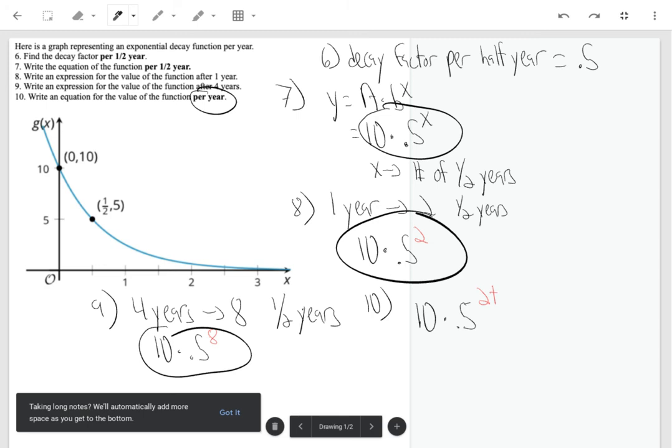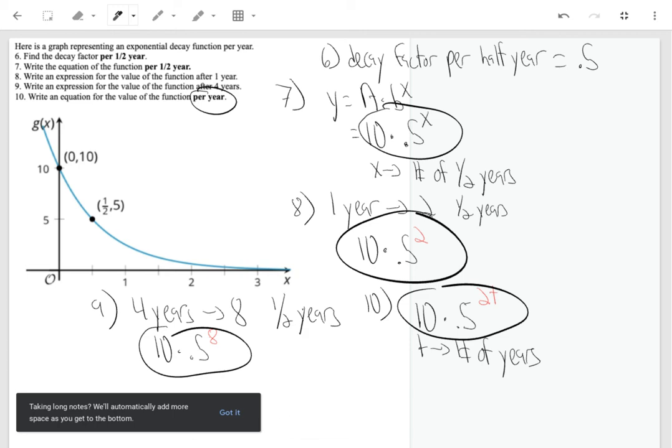So I converted it from an equation per half year up here to an equation per year down here. So this right here is the equation per year. And you'll see something similar to this on your cool down tonight.